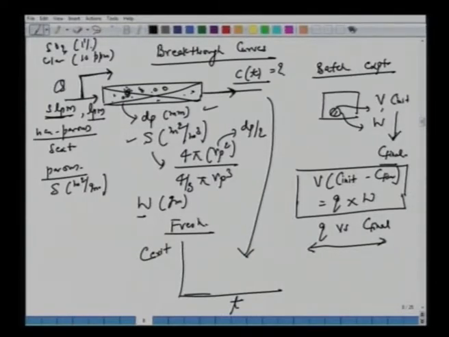Only after a long time, when the bed starts getting saturated, will the concentration at the exit start increasing, and after a long time it will reach C exit the same as C inlet. Now we can say that the entire bed is saturated. So the response will be like this.